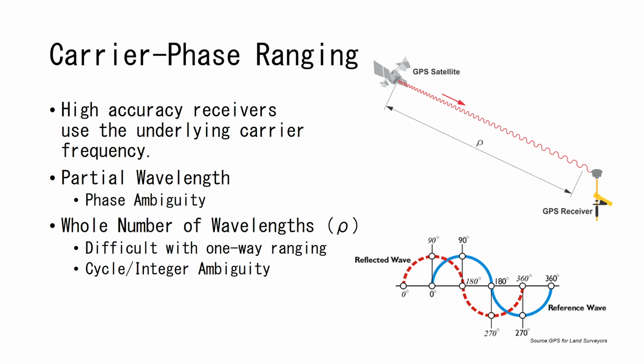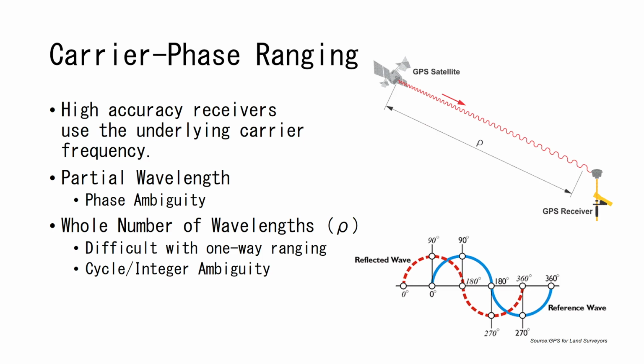That partial wavelength is what we call phase ambiguity, which is essentially determining the difference, whether we're out of phase by 90 degrees or 180 degrees, so a quarter wave or a half wavelength. That's the piece our receiver has to be able to adjust for.